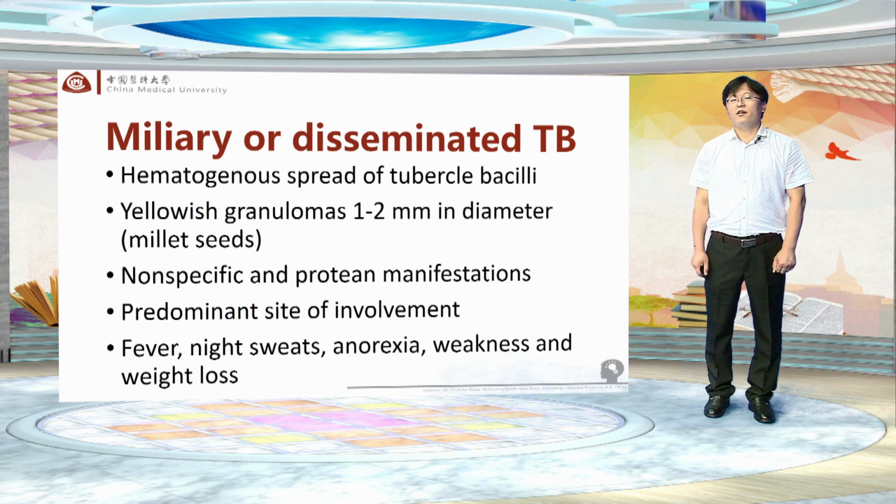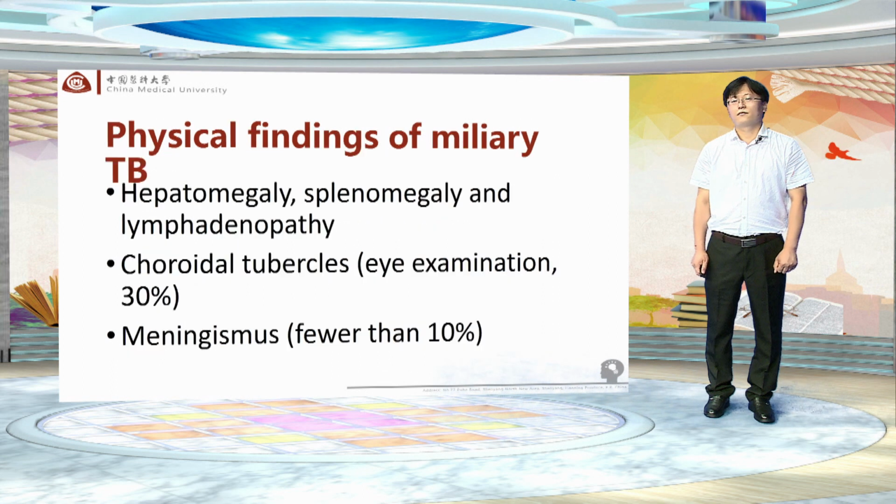Patients may have fever, night sweats, anorexia, weakness, and weight loss, just like other types of tuberculosis. Physical examination of miliary tuberculosis may find hepatomegaly, splenomegaly, and lymphadenopathy.